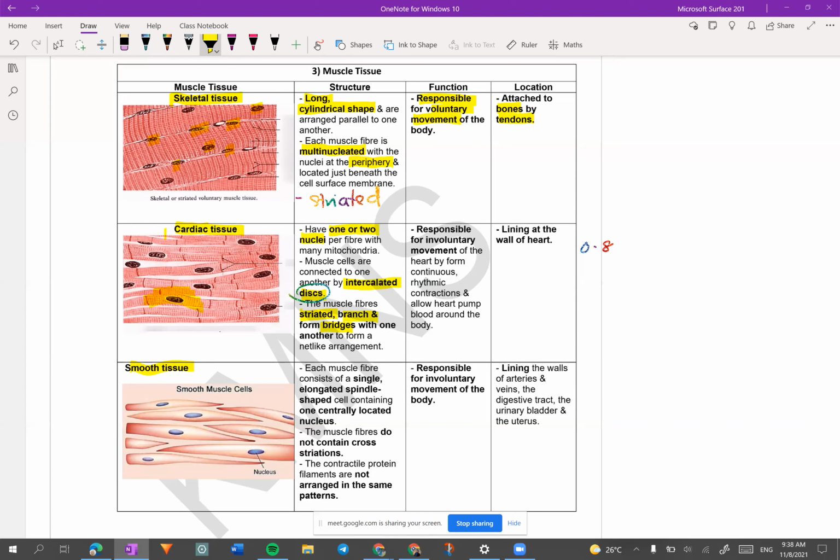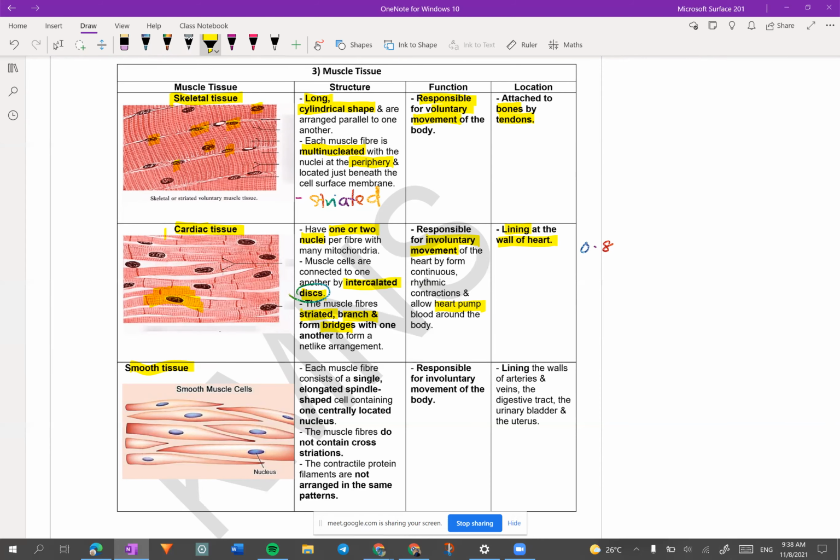So bila dia attach, kita panggil dia macam seolah bridge lah, macam jambatan. Right? While yang atas ni tadi, skeletal fiber, dia memang tidak attach antara satu sama lain. Dia memang macam benang-benang. Right? Okay, so untuk cardiac tissue, responsible for involuntary movement, of course, sebab dia adalah about the heart. Okay, where the heart pump. So where is it? Is the lining of heart.